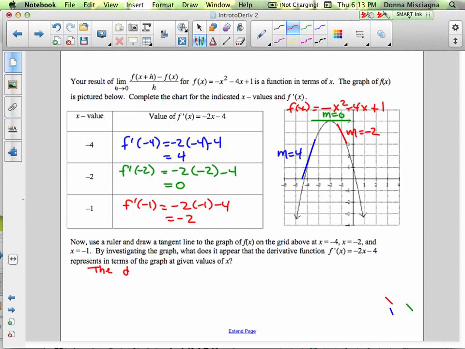The derivative. Now let's be a little bit more specific. Let's call it f prime of x, so that way we can just call the function f of x.